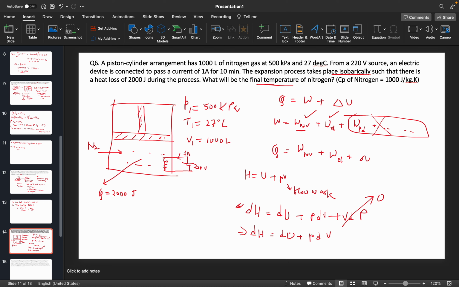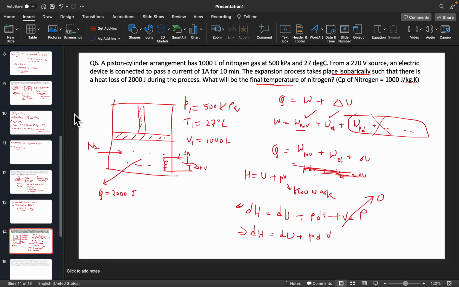Remember seeing this one somewhere. Again, the expression of W_PdV is the integration of p dV, plus W_electrical plus delta U. We are dealing with a small amount of dQ, so I will write this one again.